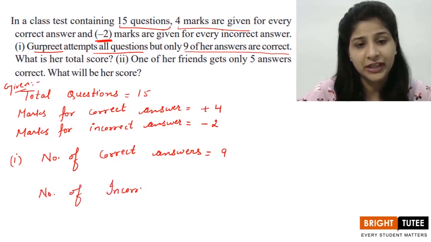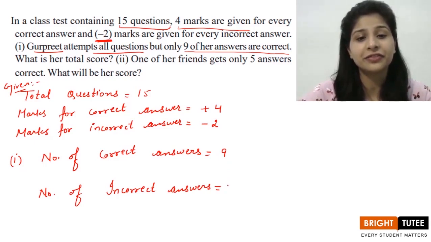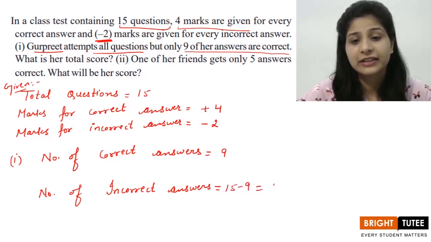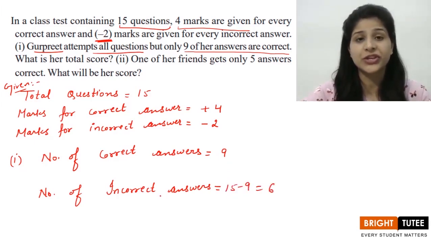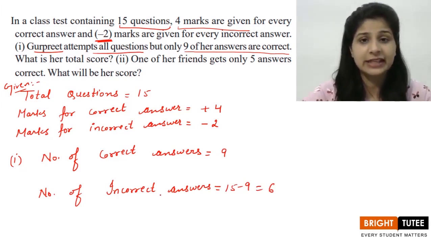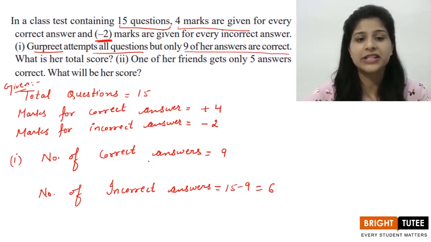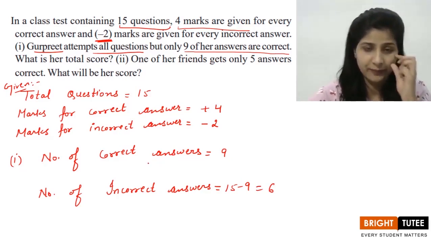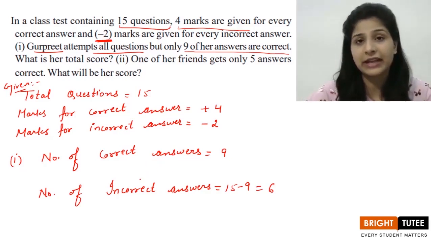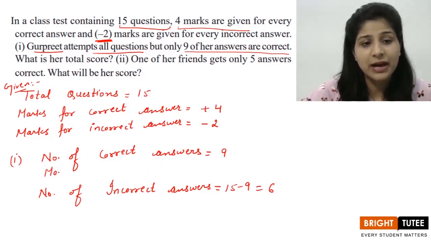Out of 15, if 9 are correct, then you subtract 9 from 15, you get 6. So there are 6 questions which she has attempted and are incorrect, and she has attempted 9 questions correctly. So if she has attempted 9 questions correctly, what are the marks awarded?